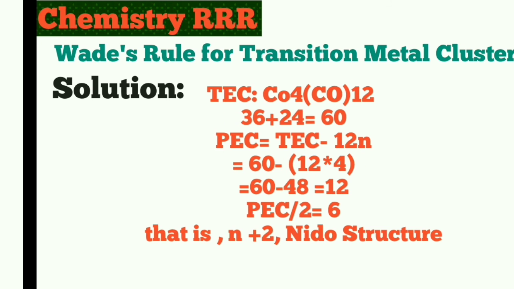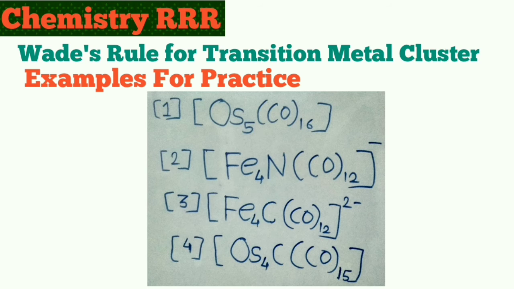Now these are some practice examples. While solving questions number 2 and 3, if a negative charge is present on the complex, then add that number of electrons to the total electron count, and if a positive charge is present on the complex, then subtract that number of electrons from the total electron count.